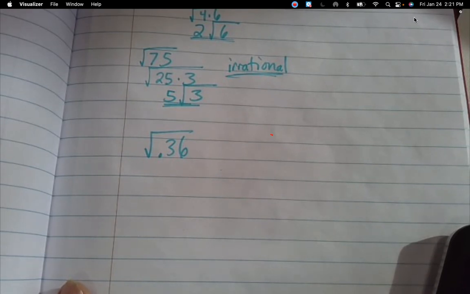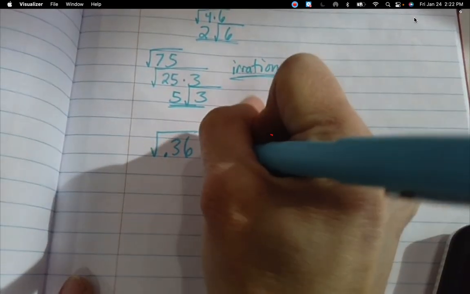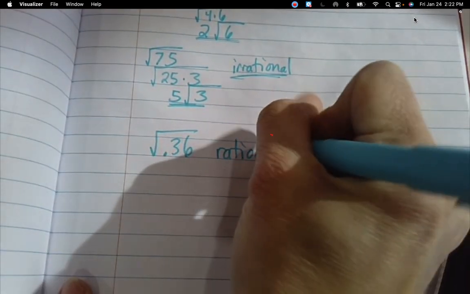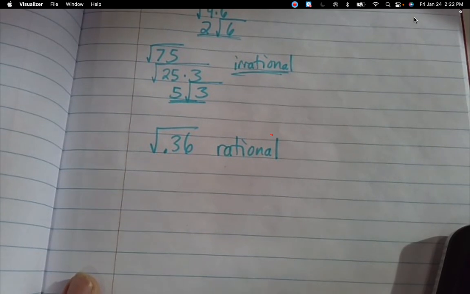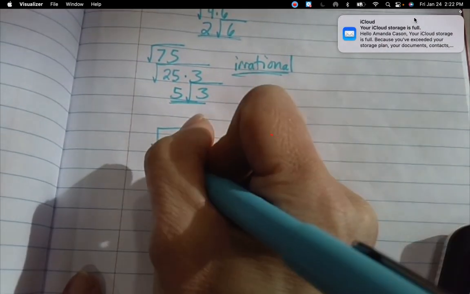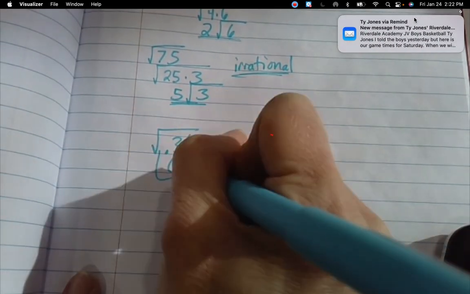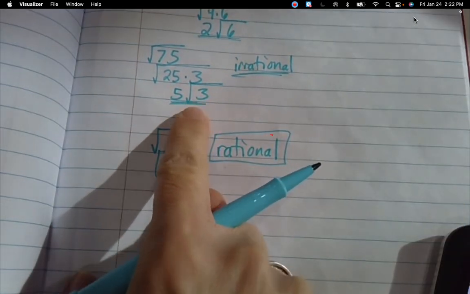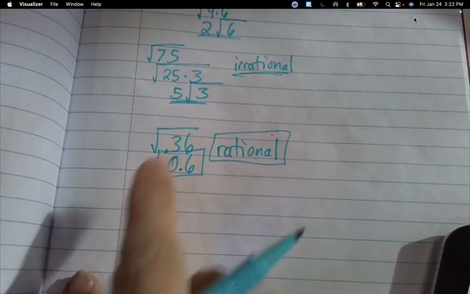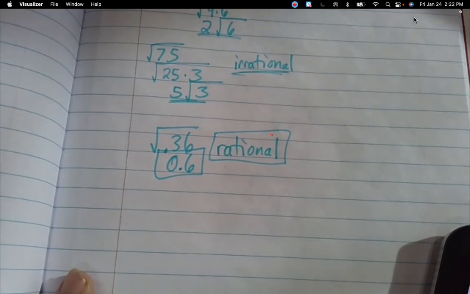Let's see, this one is a rational number because I can find the square root of 0.36. First of all, what's the square root of 36? 6. So the square root of 0.36 is 0.6. And that's a rational number. These, where you can't finish taking the square root, those are irrational.